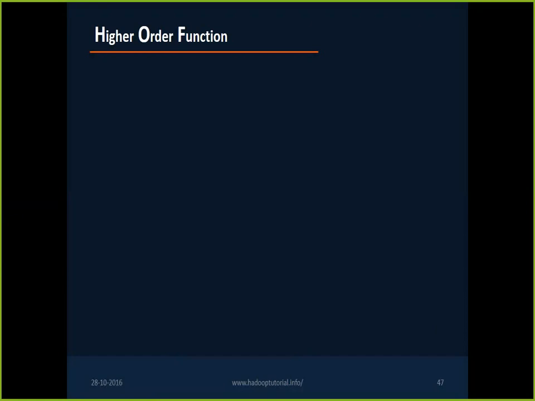All the functions that we have seen, we are just passing integers, strings, bools, any regular data types. But we didn't see any example for passing a function as a parameter to another function. So if you write a function which accepts another function as a parameter, then the function that you wrote is a higher order function.